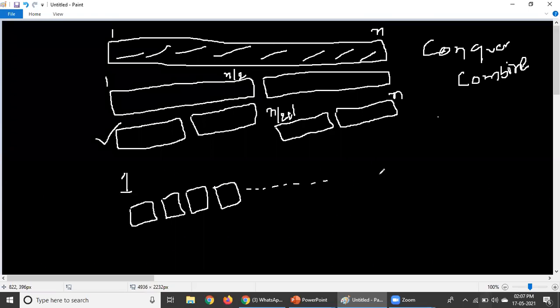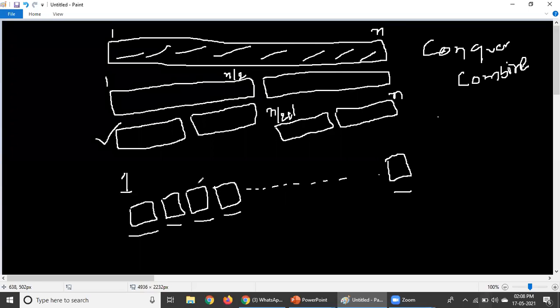You have n number of elements, and every subproblem will have a single element at this point. So you have to combine after solving each particular problem, combining them into the major problem, and then you get the answer for that problem space using divide and conquer.